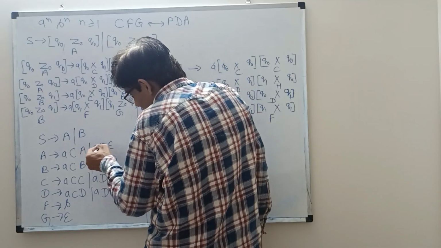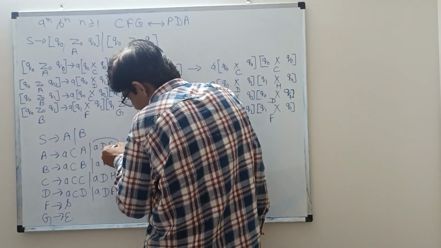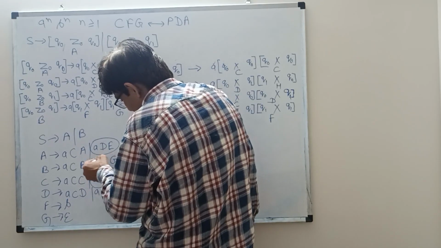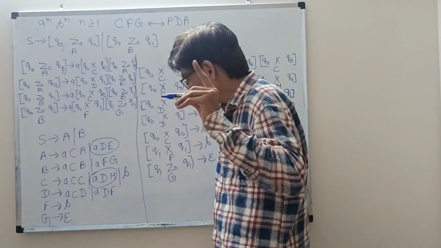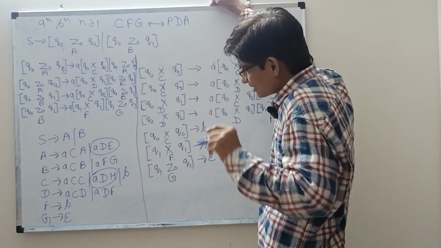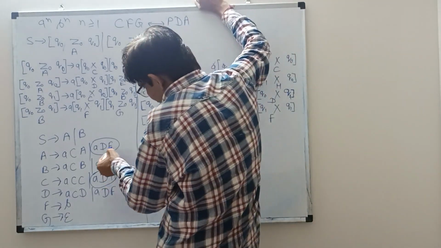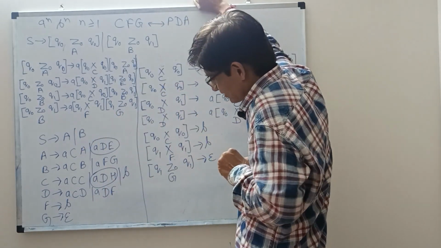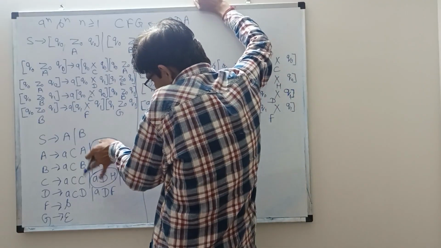So I can simply remove these two productions from here, and as H and these two productions have a useless variable, we can remove this useless variable and its productions as well. So these two productions will be removed.